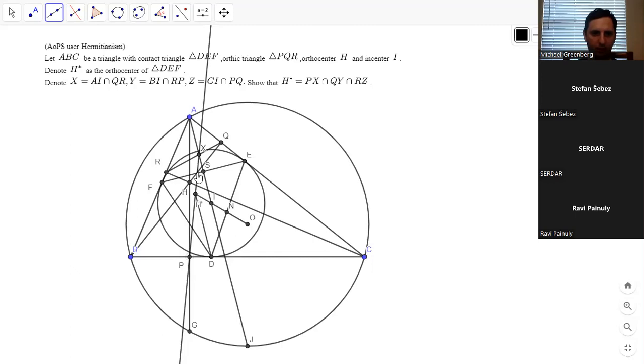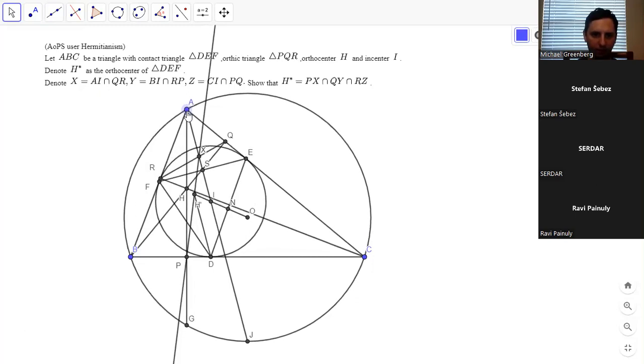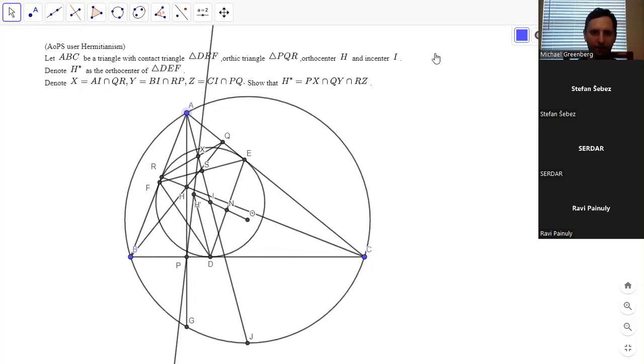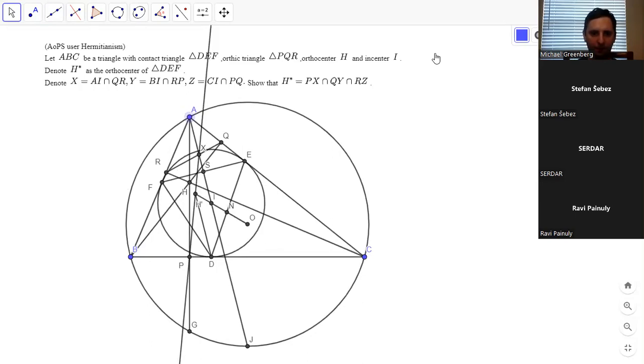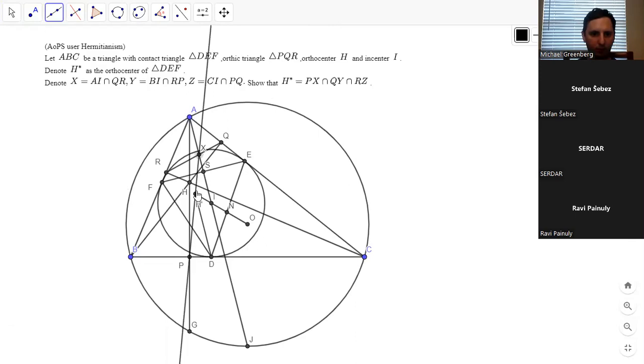Well, that would be interesting if these are concurrent right here. Yeah, they're not. Does this line pass through? I feel like we would have already seen this. Yeah, it doesn't.